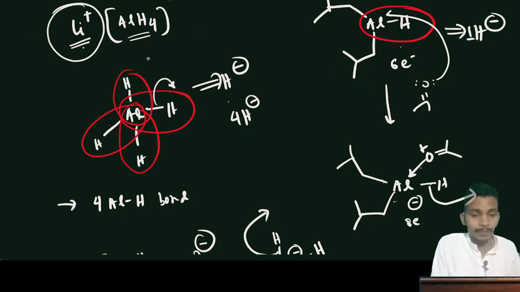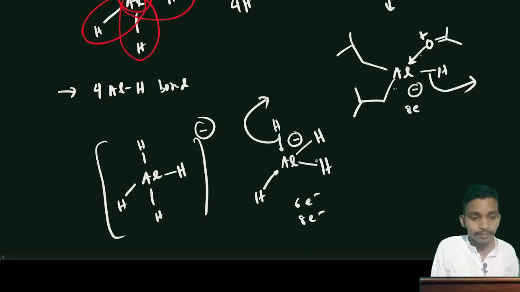Unlike lithium aluminum hydride, where these are all less bulky groups and 4 hydrogen atoms are there, it becomes very reactive. But here only 1 hydrogen atom is there, so it is less reactive compared to lithium aluminum hydride. The bulky groups also help make it less reactive, which means it becomes more selective. Okay, so these are the basic differences between lithium aluminum hydride and DIBAL-H.